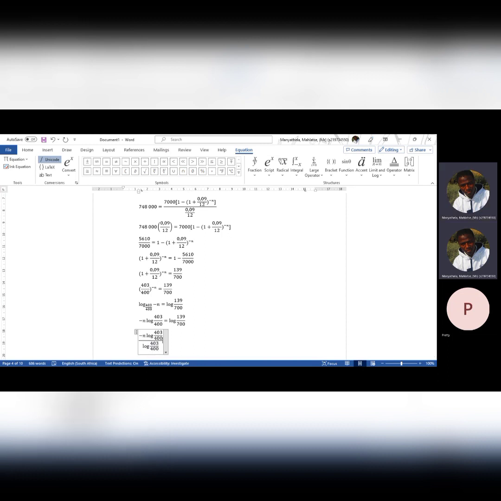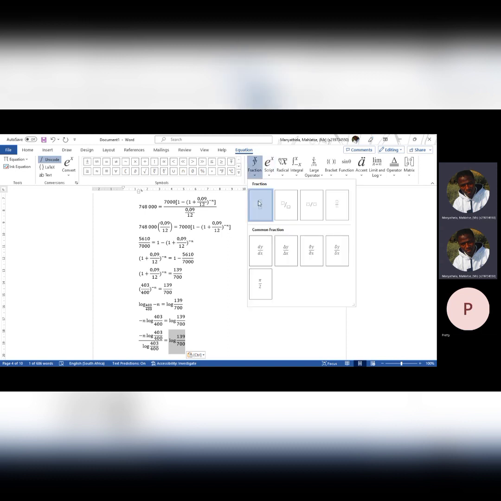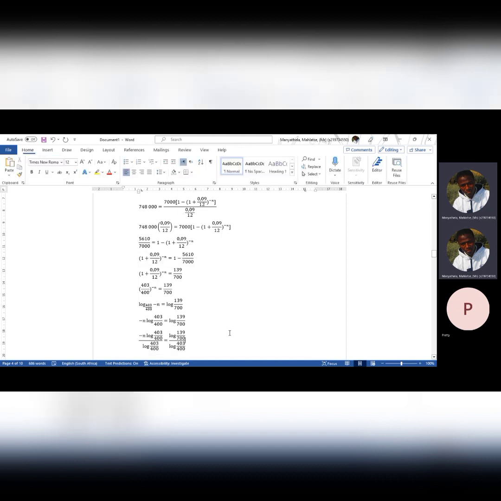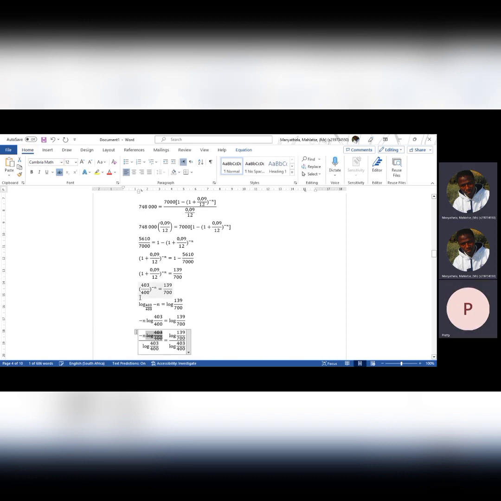So on this side, log 403 over 400 will cancel log 403 over 400, meaning that we will remain with negative n equal to, okay.